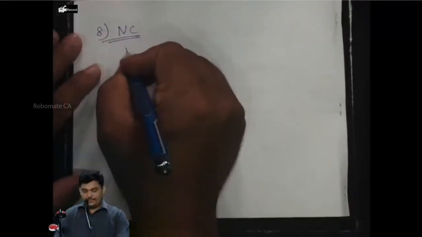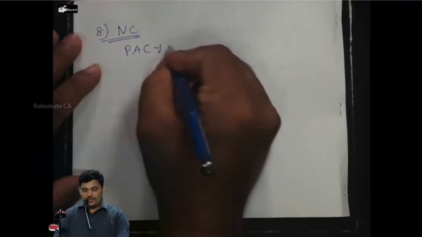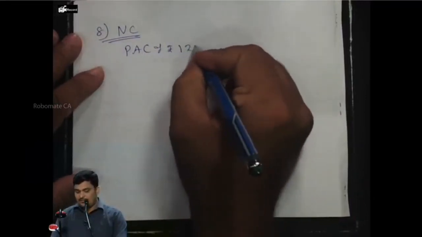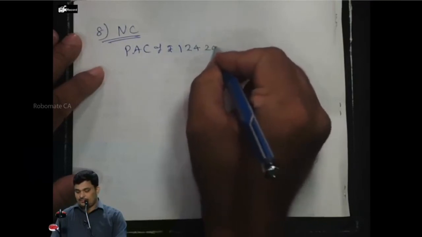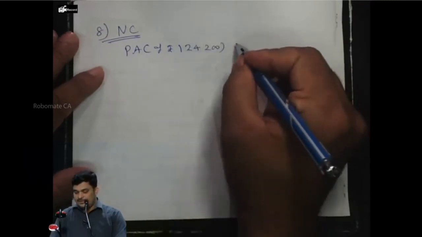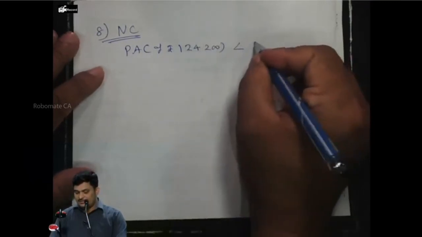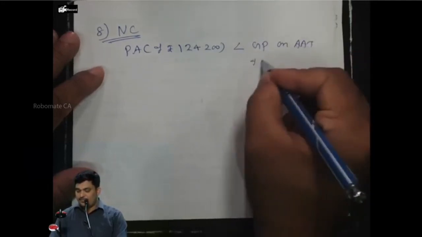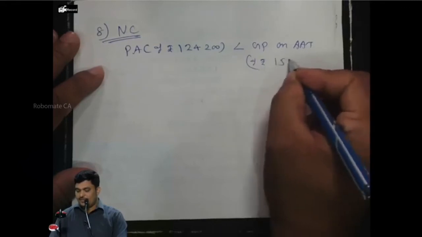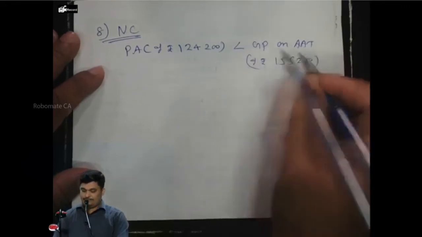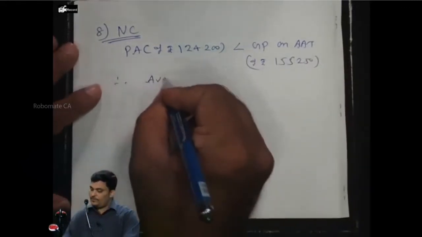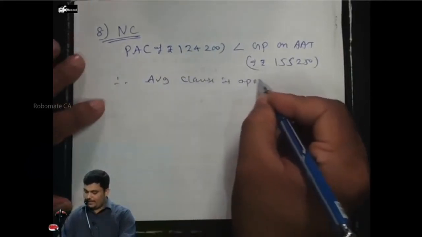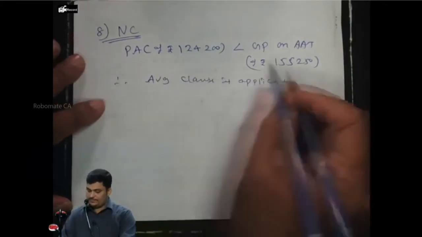Net claim. Policy amount, how much? 1,24,000 is less than GP on AAT of rupees 1,55,000. Therefore, average clause is applicable.